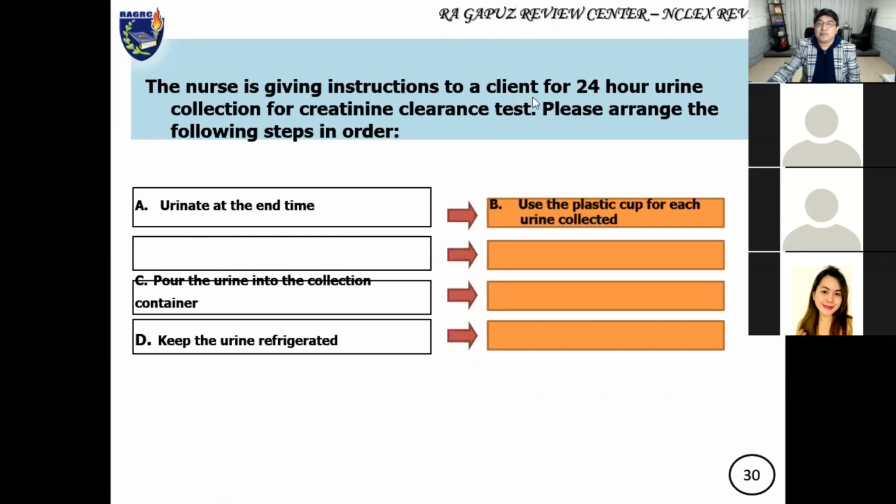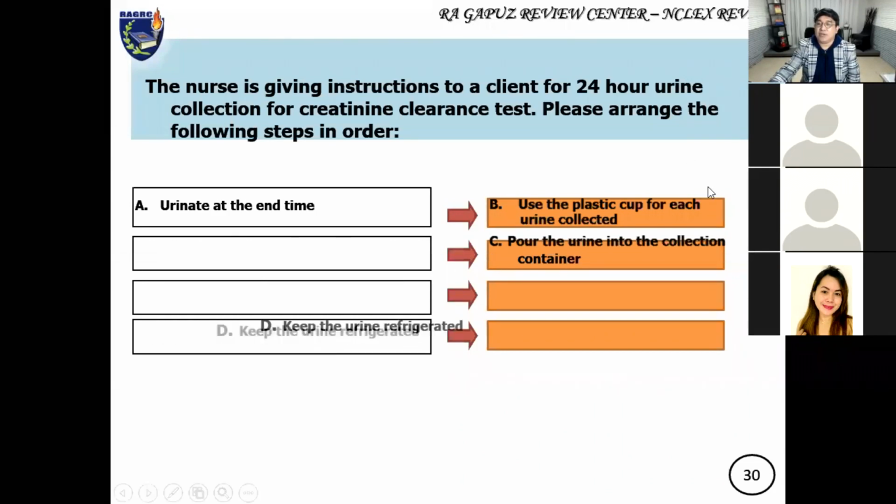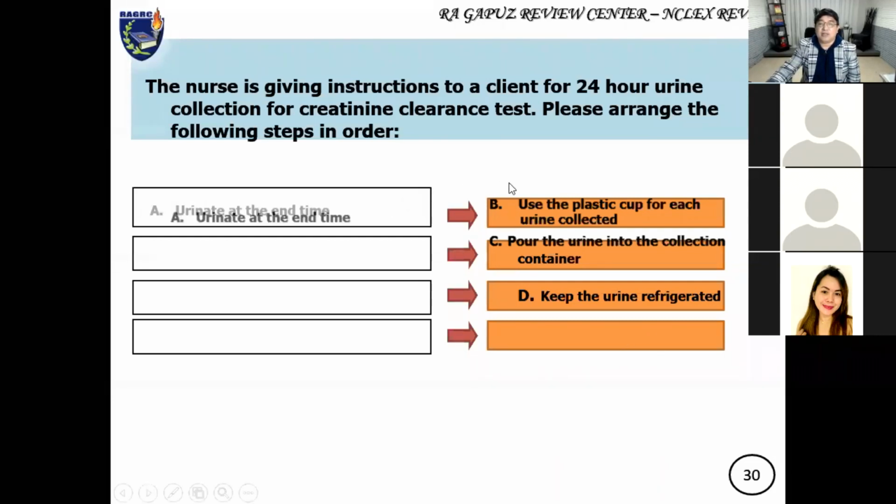And then pour the urine onto the collection container. And the third step, don't forget: urinate at the end time and keep the urine refrigerated. Sorry for that, technical problem.